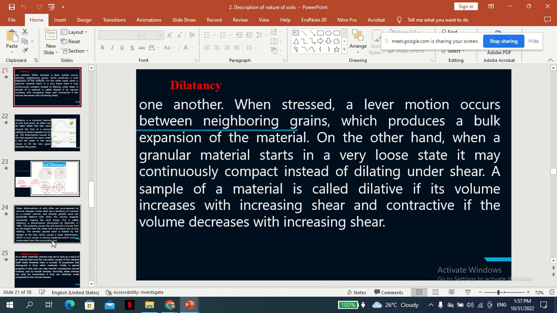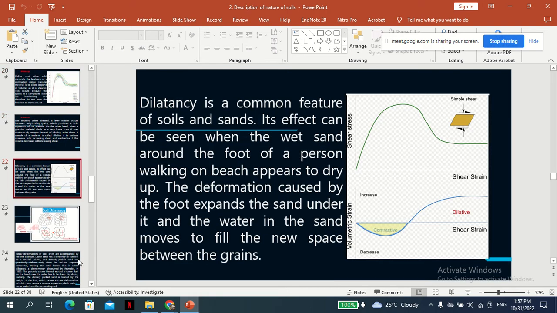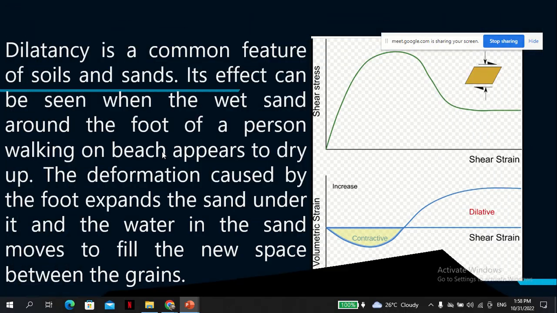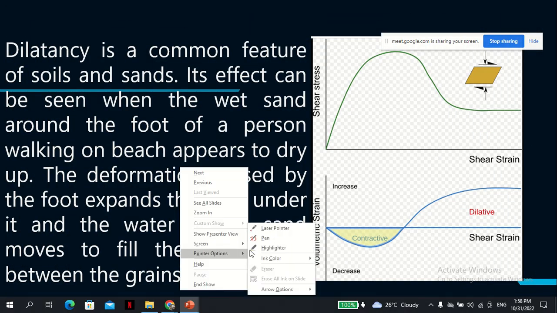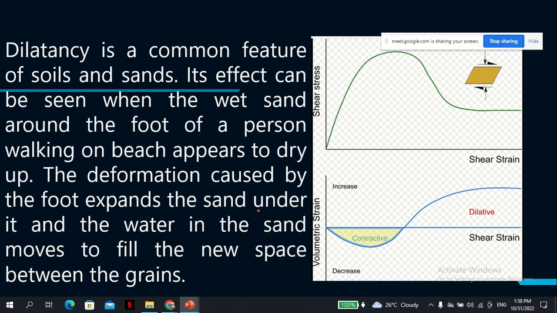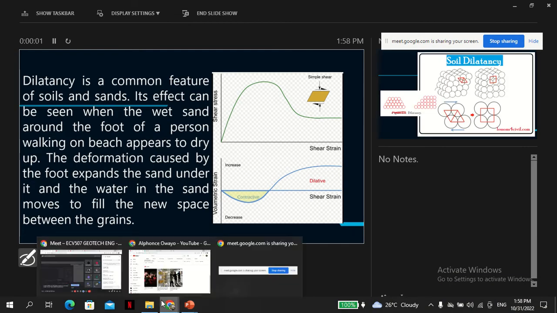So first of all, this is a characteristic of dense sand, not loose sand.